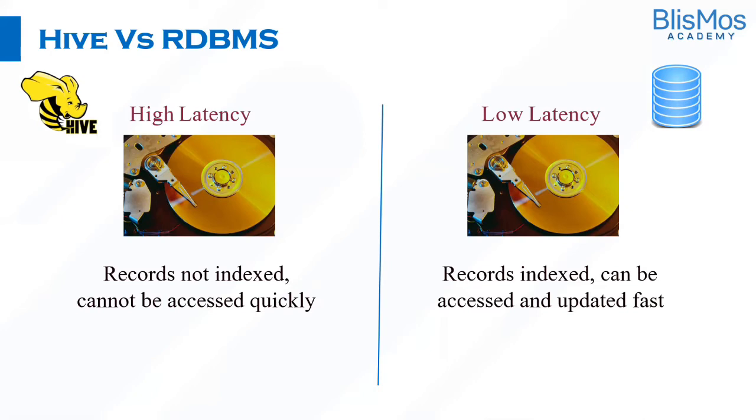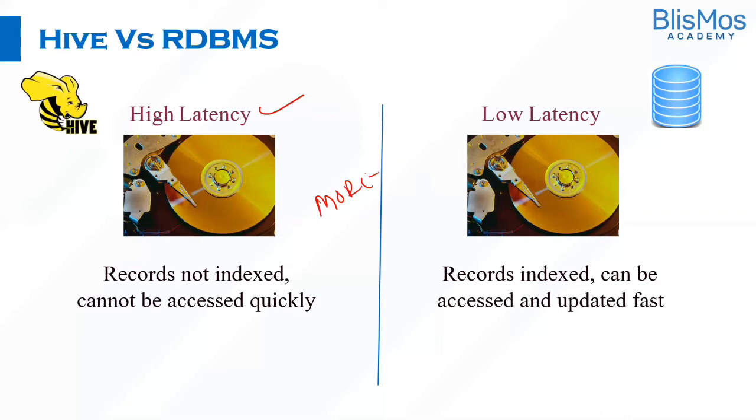When we work with Hive, we cannot go and access the records or the data quickly. That is the reason in Hive it is mostly high latency. That means to access the records, to access the data, it takes more amount of time. That is because of a couple of reasons.